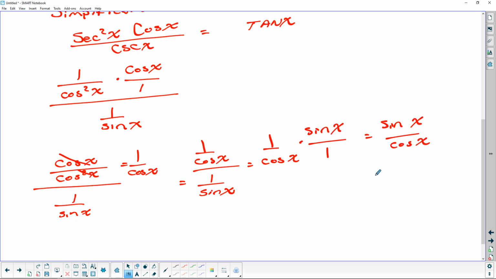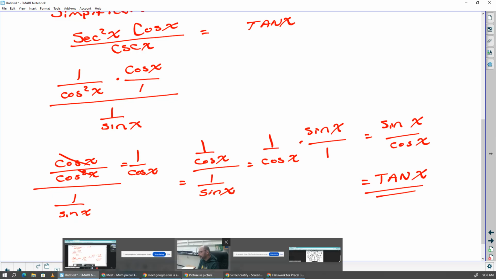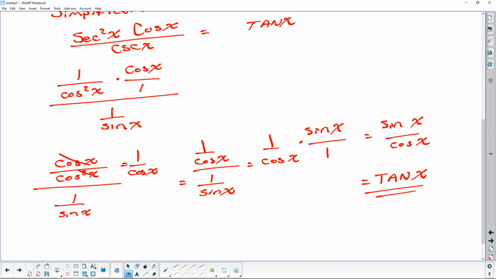Okay, and then we know that this equals tan x, because that's a quotient identity. Okay, so sometimes they get you to do that type of problem as well. So that's it for examples today. A little bit weird.